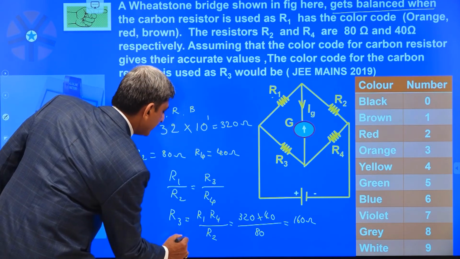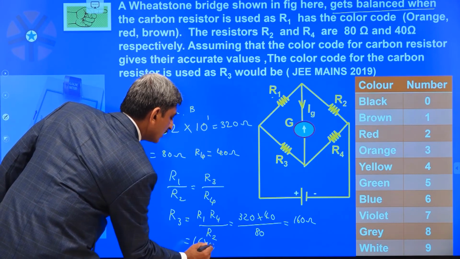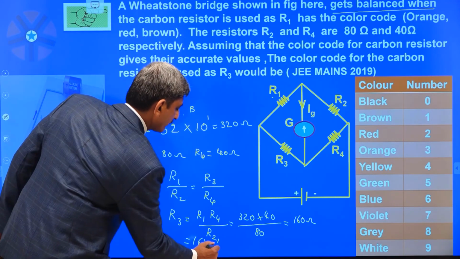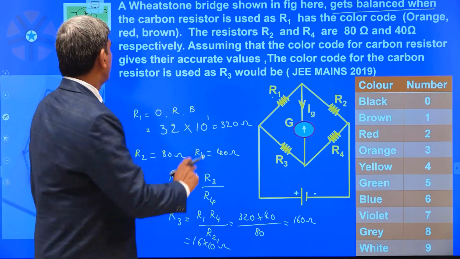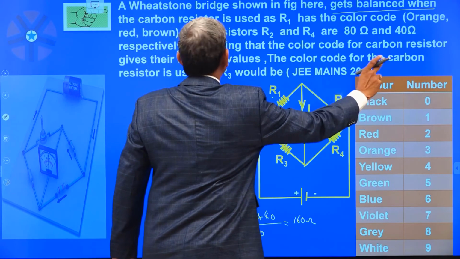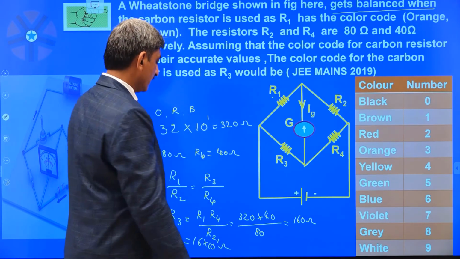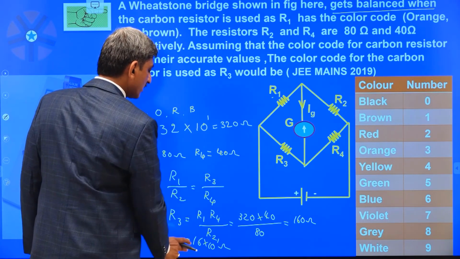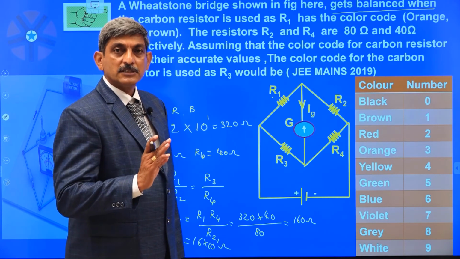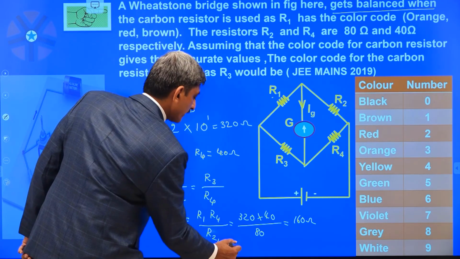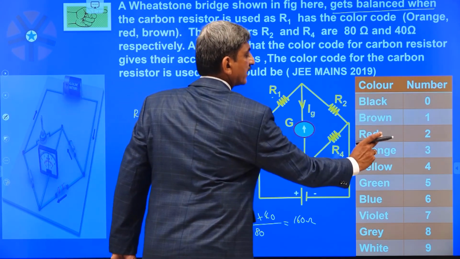This 160 ohms can be written as 16 into 10 power 1 ohm. The problem is not over. We have to find the color code for the carbon resistor which is used as R3. That means corresponding to this 160 ohms or 16 into 10 to the power of 1 ohm, we have to identify the corresponding color code. So the first digit is for the first color ring.